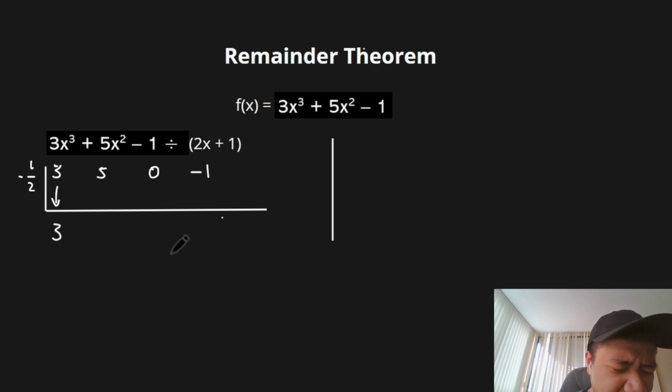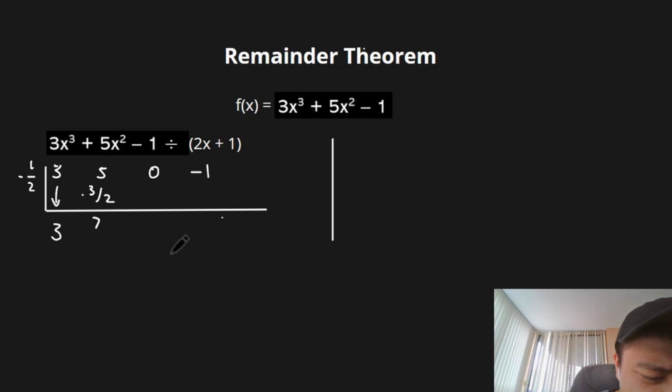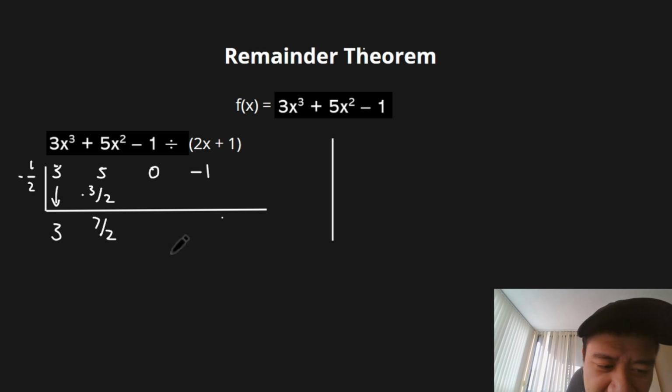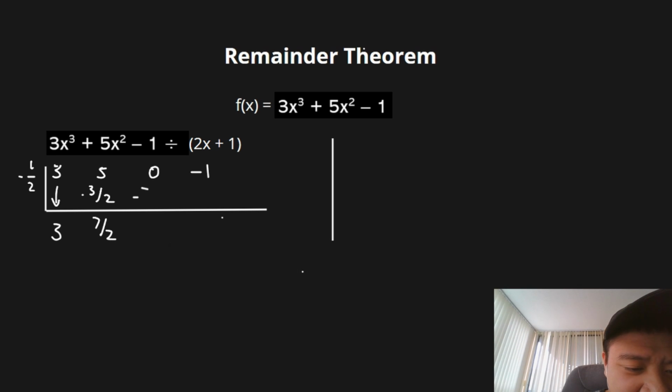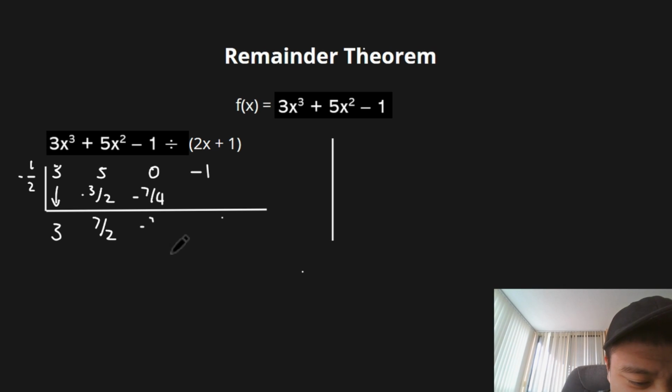Alright, so let's do our synthetic division. Bring down the 3. 3 times -1/2 is -3/2. Then 5 plus -3/2 is 7/2. 7/2 times -1/2 is -7/4. 0 plus -7/4 is -7/4.